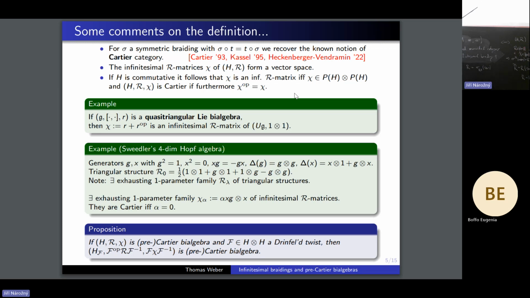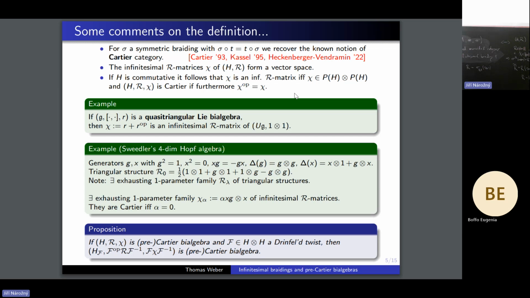It's written down quite nicely, and more recently in this preprint here by those two guys. And since we are more general, so we can do things in general braided categories, not only in the symmetric ones, we are using this pre to say it's slightly weaker. One more thing, the chi's form a vector space, and what this also means is that 0 is always a possible infinitesimal R matrix.